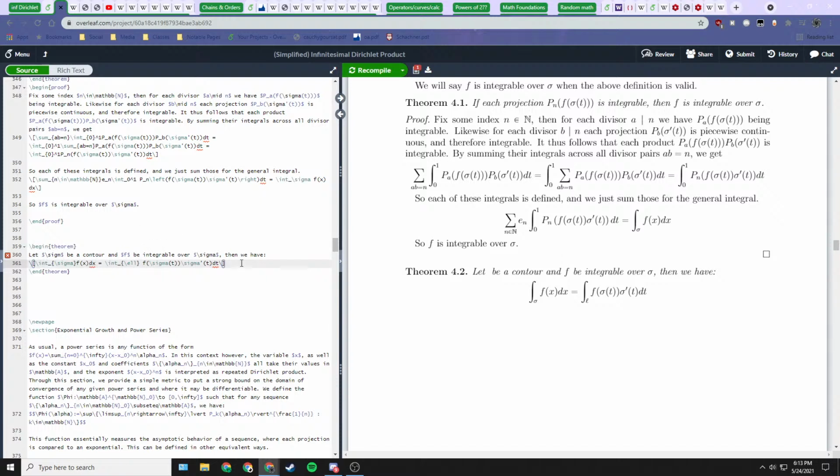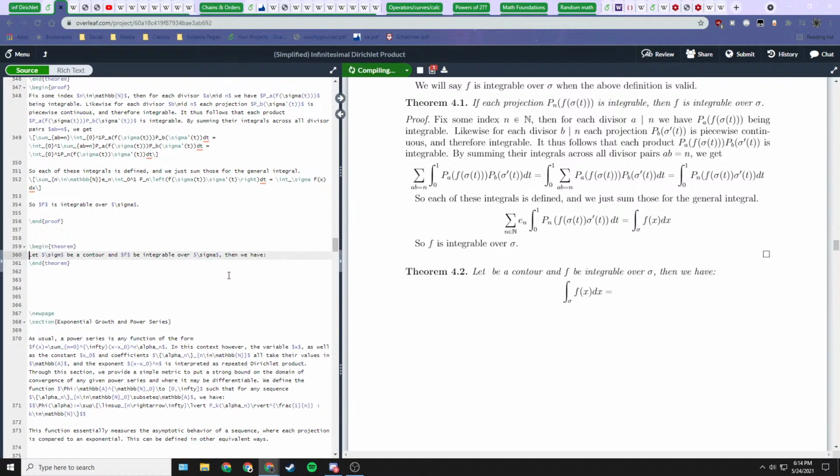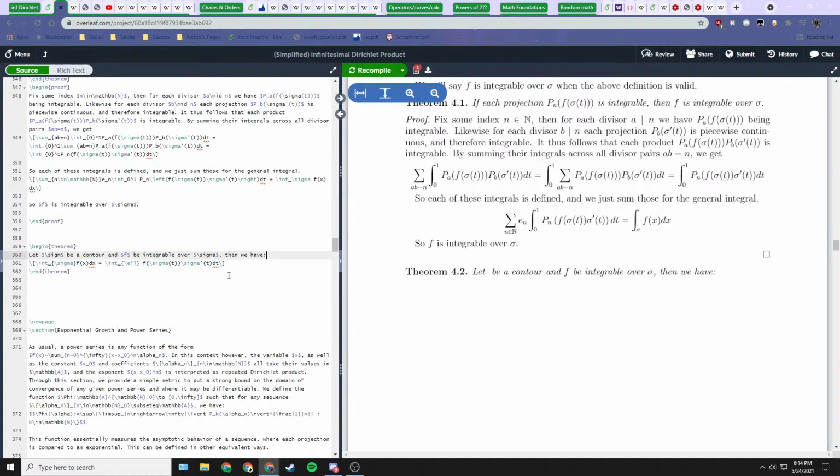It's saying I don't have... Where's the error? Well, let's just pull this apart piece by piece. Oh, there it is. Little typo.